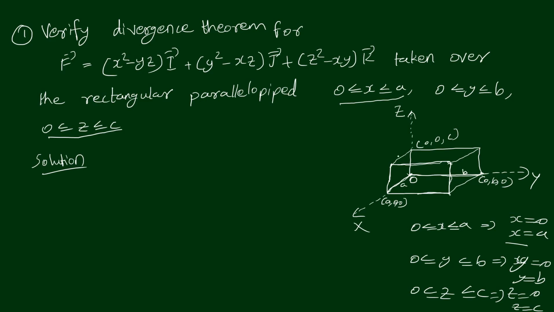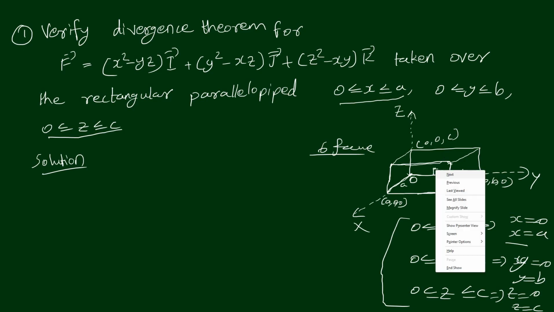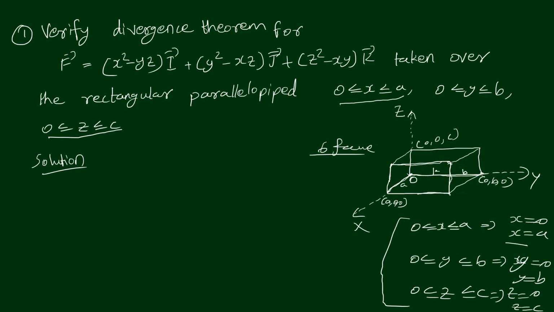Here the closed surface is the surface of this rectangular parallelepiped. There are 6 faces, and the equations of those faces we got here. The inside portion of this rectangular surface is our E.